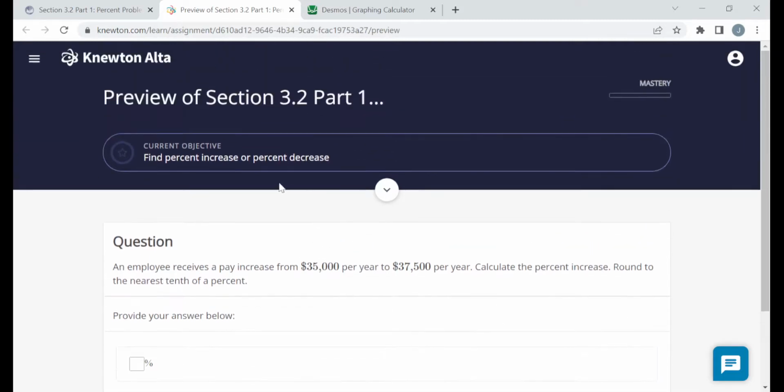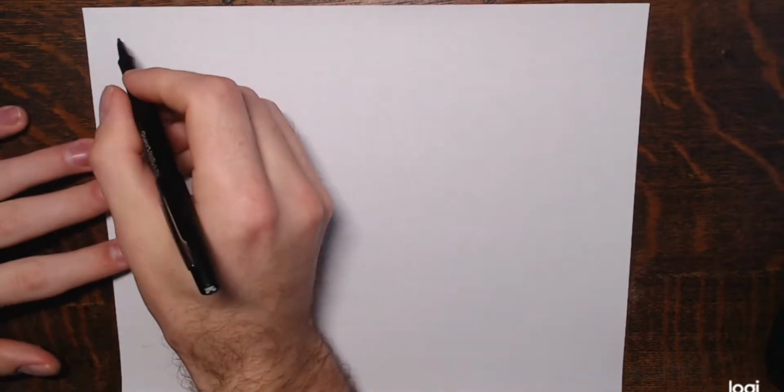Alright, so the first objective I'm looking at is find percent increase or percent decrease. So I want to go into how to calculate that first, and then we'll come back to this question. So really I'm just going to talk about here percent change.